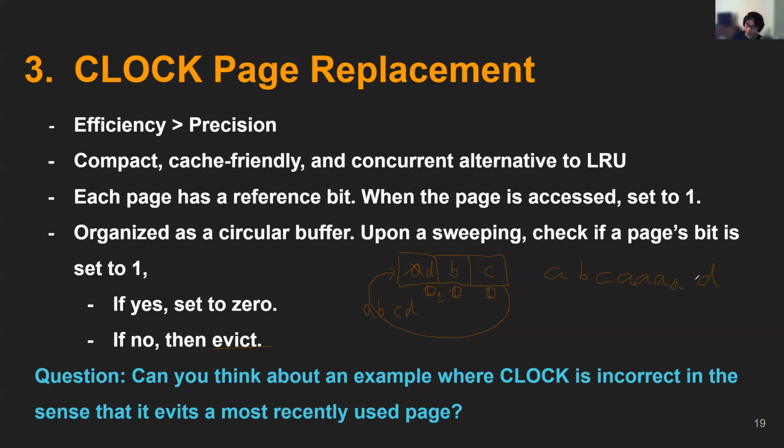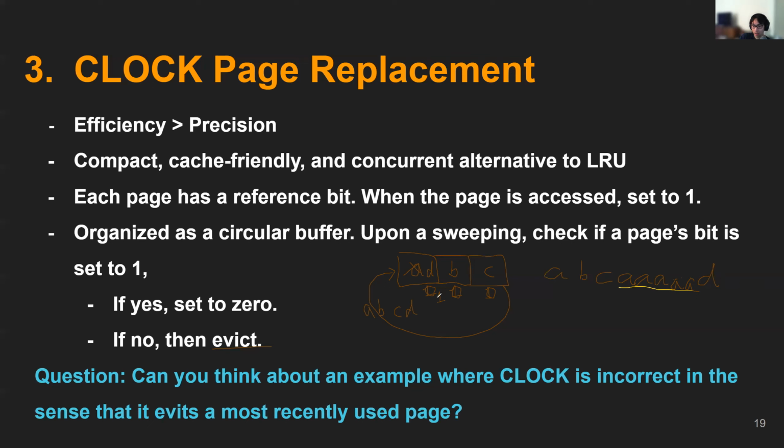The only difference, we don't see it. We only have numbers, 1 and 0, popular, not popular. We don't differentiate how popular. That's the example, right? We access A many times, but it's still 1.